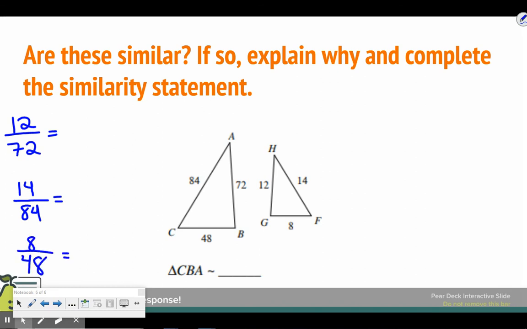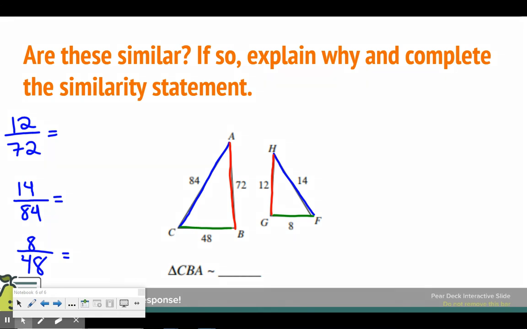You could also do it based off of 84 being the biggest number, so that has to match here with 14. Then 72 is the next biggest, so that has to combine with the next biggest. And obviously the smallest numbers would have to be the ones that correspond. Then I reduce those fractions.